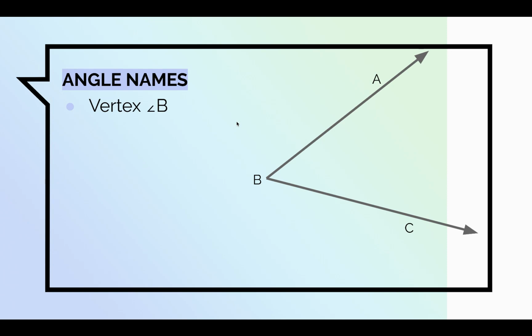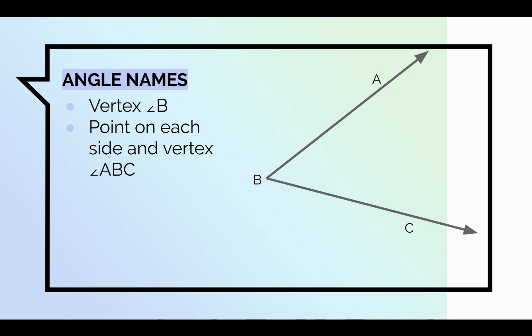The most common way, however, is to call it by 3 points: 1 point on a side, the vertex, then another point on the other side. This is the most common way to write the name of an angle. So this would be called angle ABC, with no commas or anything like that. It doesn't matter if you call this angle ABC or angle CBA.